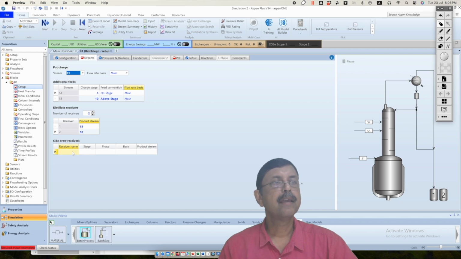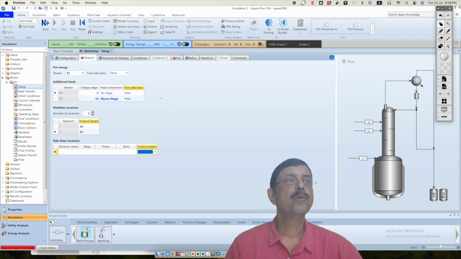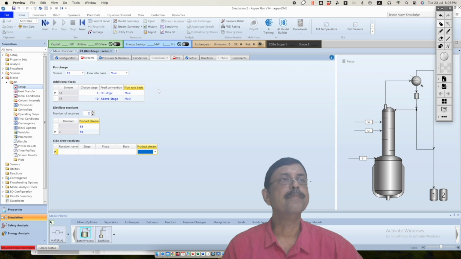We can give the receiver a name, and then stage number, say 17, and it is in liquid phase, basis is mole or mass, and the product stream is 8 or 9, because these are the two side streams that we have fixed for the side draw receivers. Okay, so that is how we specify the streams.